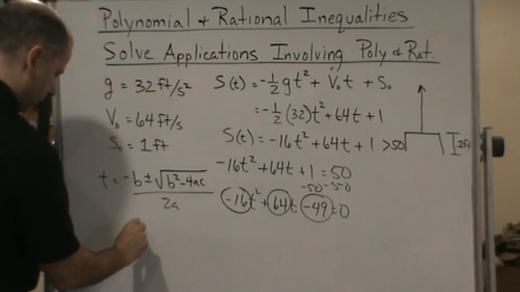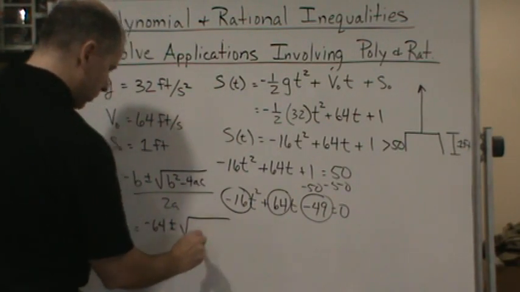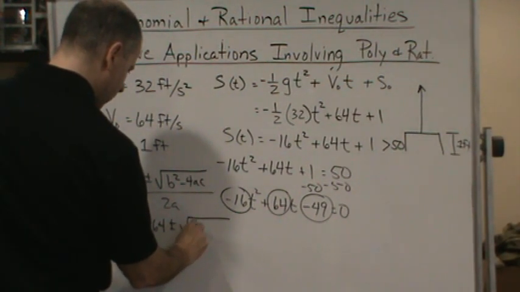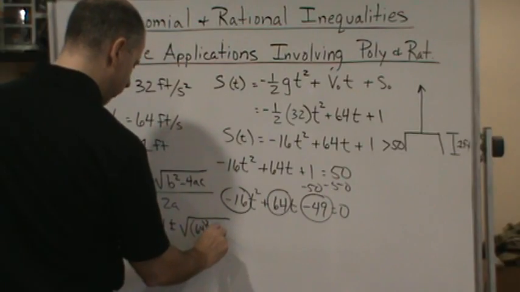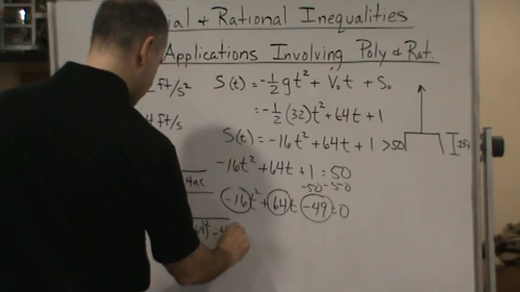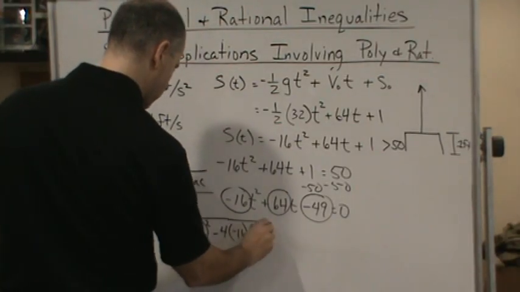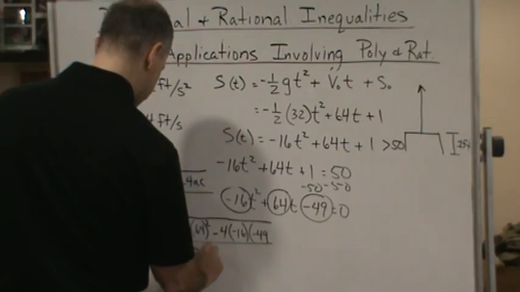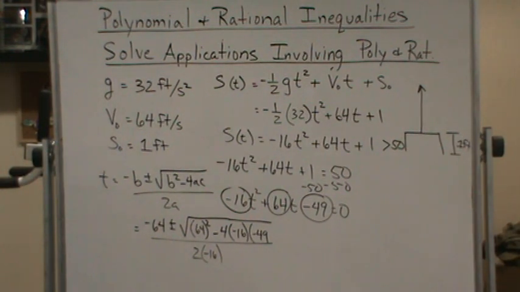This is equal to negative 64 plus or minus the square root of, hold on a second, positive 64 squared minus 4 times A, which is negative 16, times C, which is negative 49, all over 2 times negative 16.